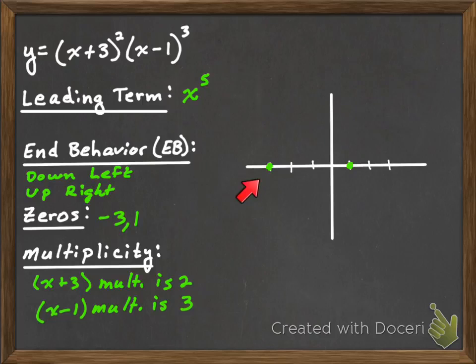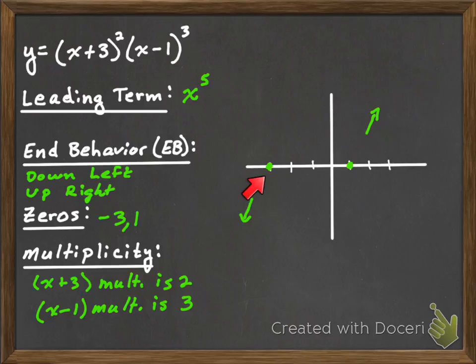So that means we're going to be going down this direction. So I can just put a little arrow saying that we're going to be going down. To the right of our graph, we're going to be going up. So here's our furthest point to the right. So to the right of this point, our graph is going to be going up this way. So I'm just going to put an arrow showing what we're doing over here.